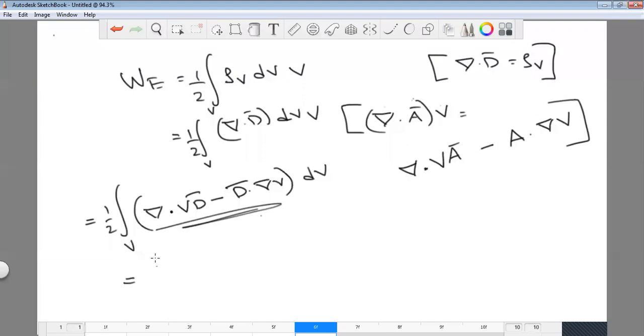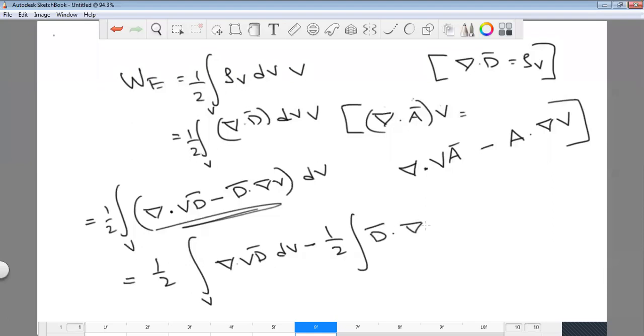So this equation can be written as integral over V of del dot V D bar dV minus 1/2 D bar dot del V dV. These are the two terms here. Let us take this as equation 1 and this as equation 2.